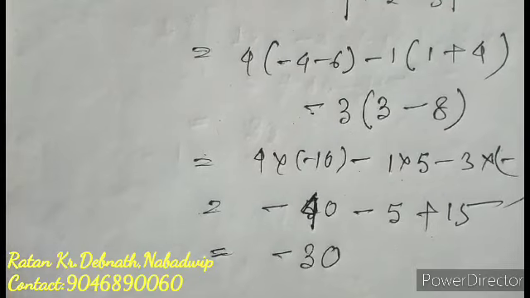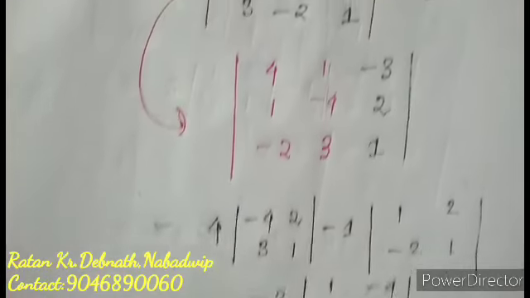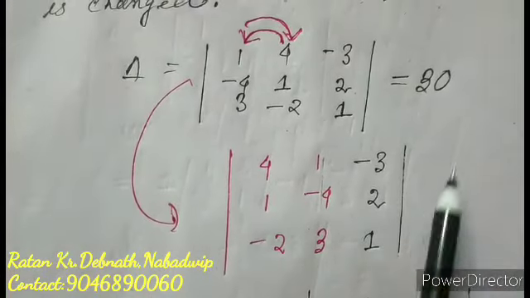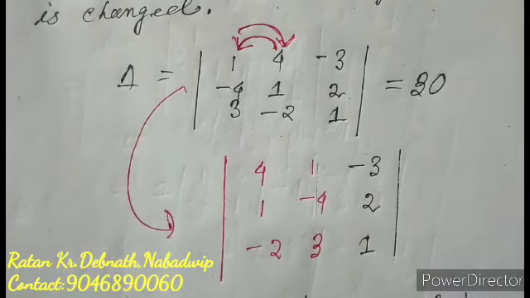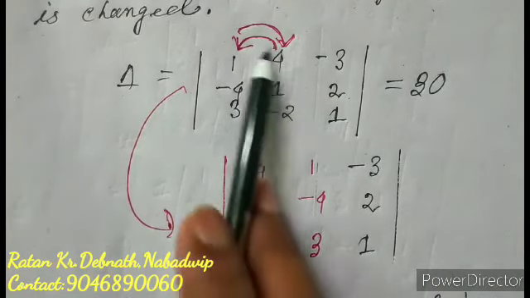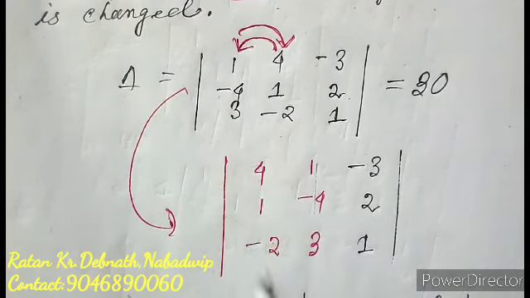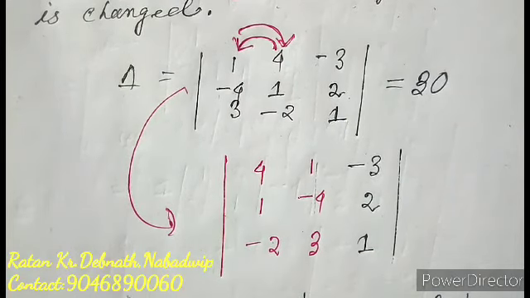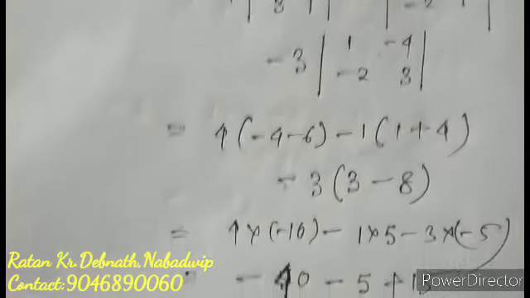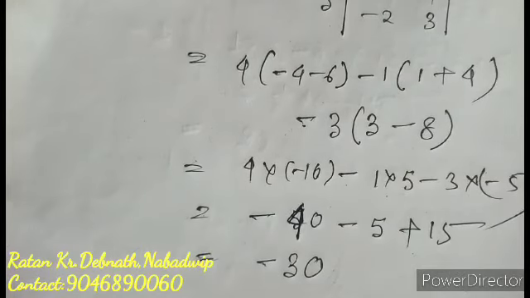So the value of the actual determinant is 30, and by interchanging two adjacent columns, we get the value of the determinant minus 30.